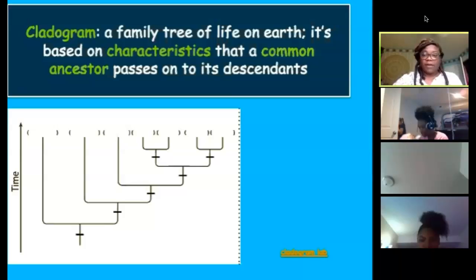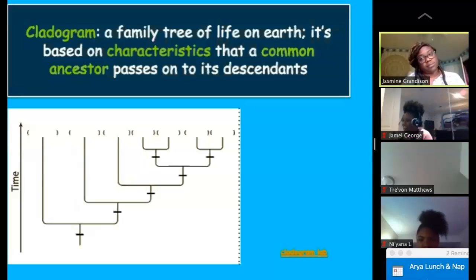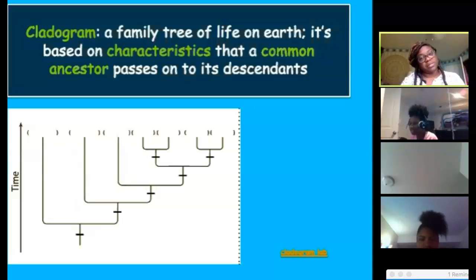So, if you can see the picture, which you can, how many lines are going to help us out with showing the relationship between the different organisms? How many lines are there in a cladogram to help us see the relationship between different organisms? Once you get that number, type it into the chat.